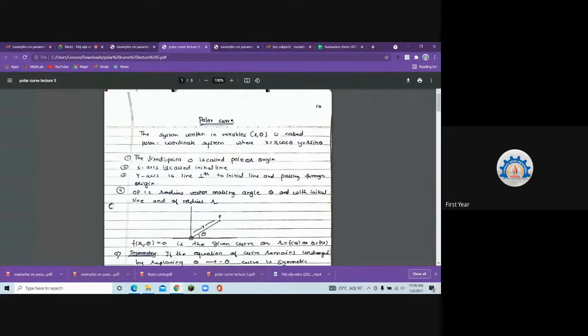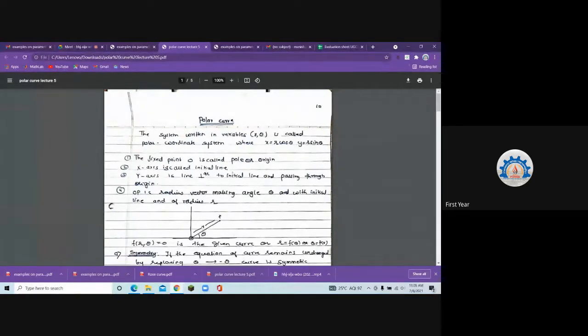It was symmetry, then the values of r and theta we found, and for x and y we found, we try to trace it. We also found whether origin is there or not, tangents at origin, asymptotes if possible, region of absence, region of presence, and all that. Correct? That was for Cartesian. So same way, we are going to have points for polar curve also. Clear?